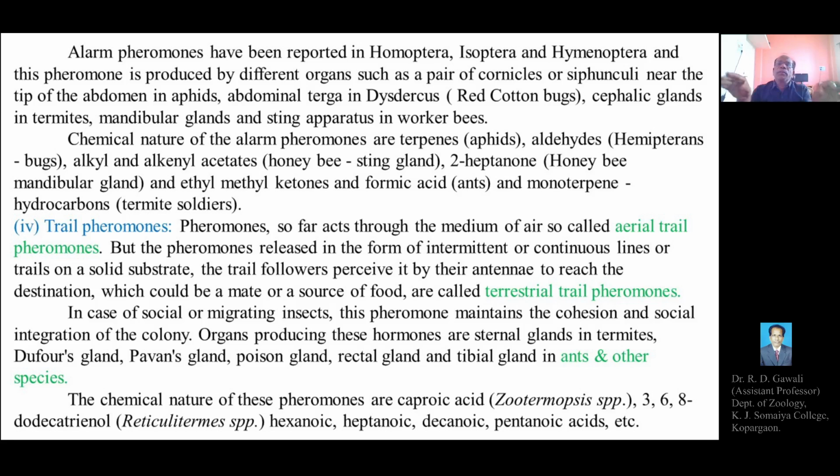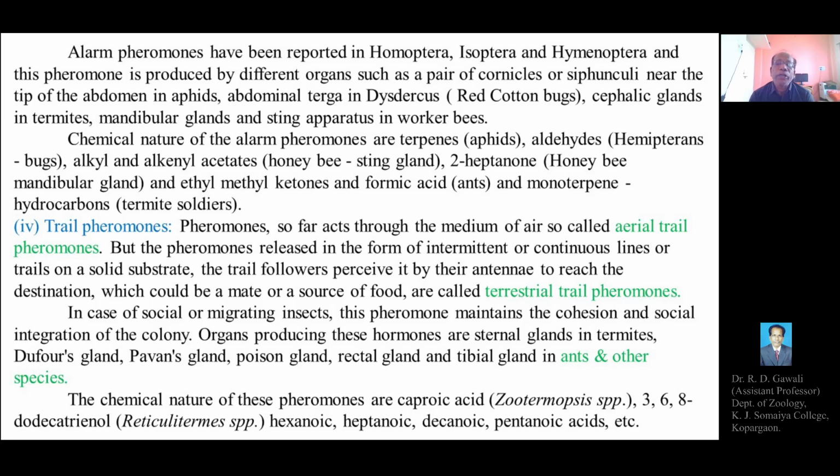So these are some of the organs which produce either pheromones or hormones which are useful to change the behavior or to convey a particular type of stimulus to the members of the same species.